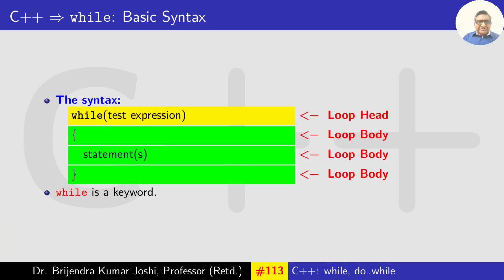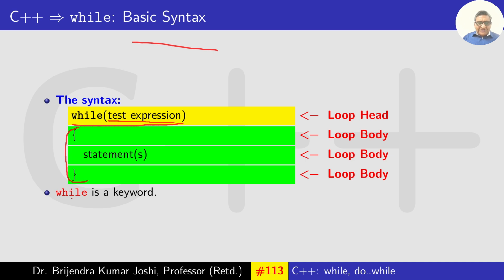So here is the basic syntax: while and test expression. This test expression is essential. If it evaluates to true, it enters into the body of the loop. A pair of braces makes the body of the loop. If you need to write only one statement as the body of the loop, then it is not essential to use a pair of braces.